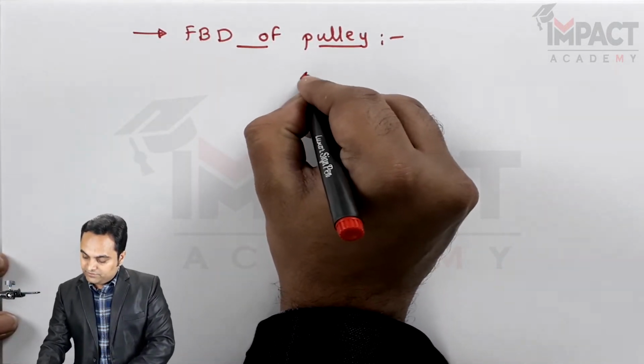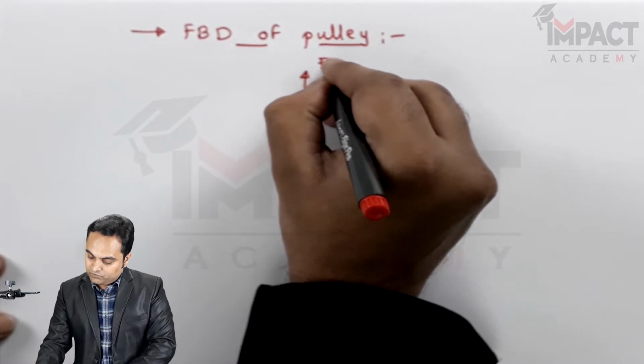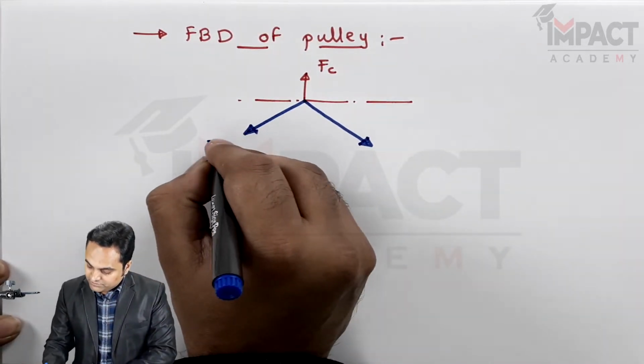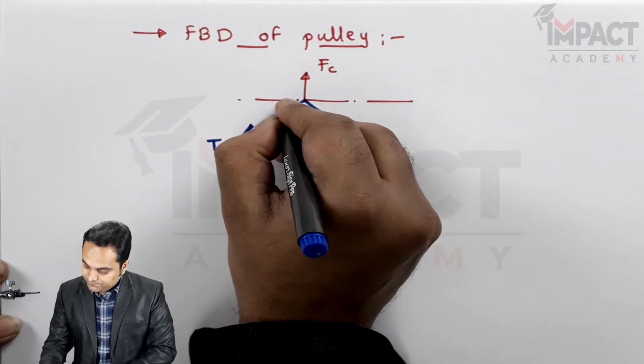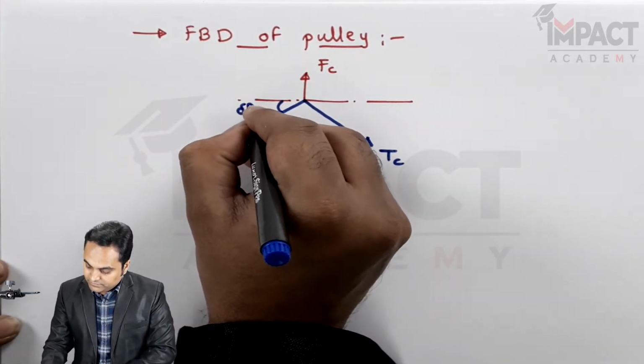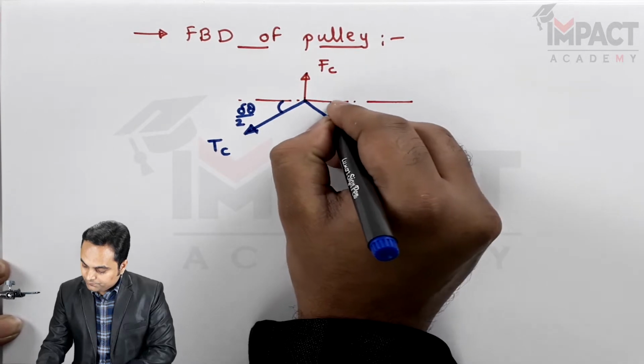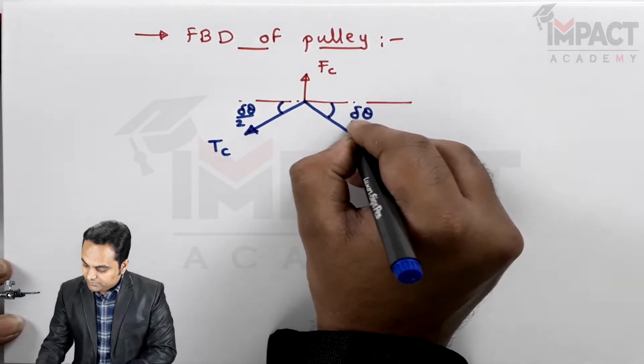that we have a centrifugal force which is acting upwards, then there are centrifugal tensions inclined at angle delta theta by 2 and delta theta by 2.